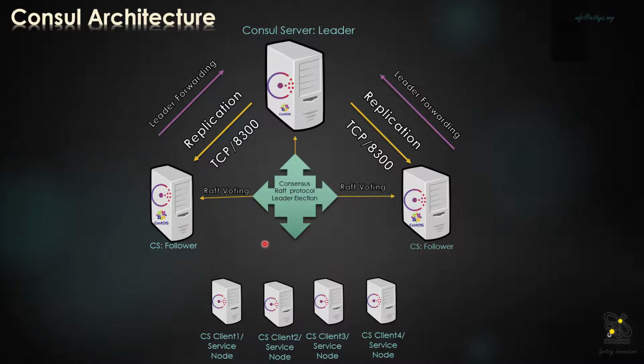As I told you, Consul can act as servers as well as clients. If you see the bottom layer, these are the client nodes. What is meant by client nodes? A client can act as a dummy web portal node as well as a service node, like order services or identity services, whatever you call it. It is running your services. That is also a Consul node, because you should install Consul on every node. Consul is always monitoring your nodes, and it does gossiping using port 8301.